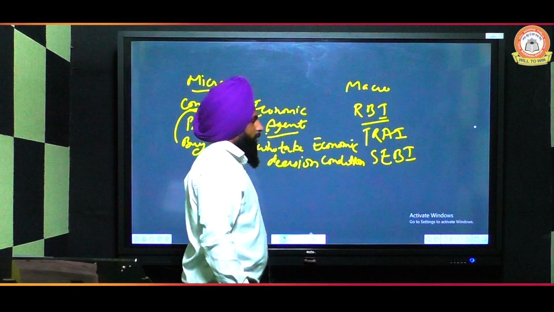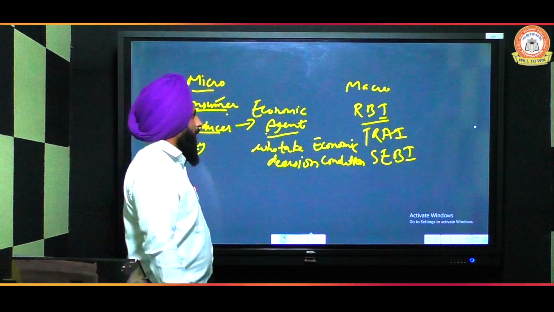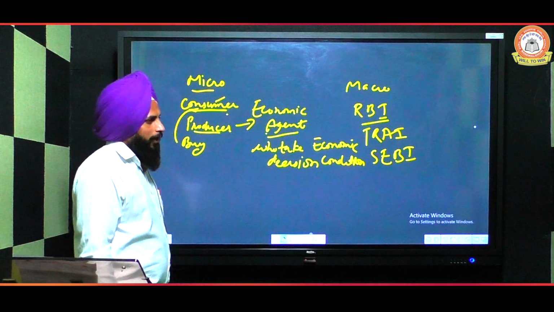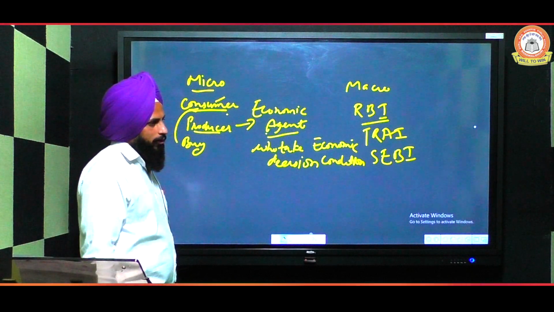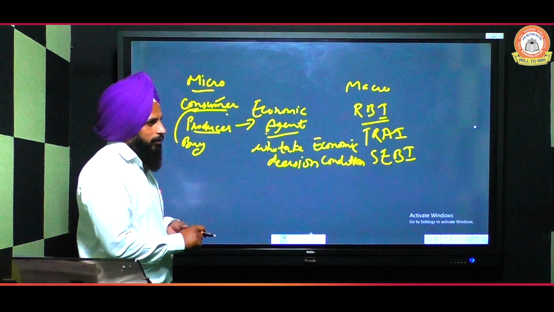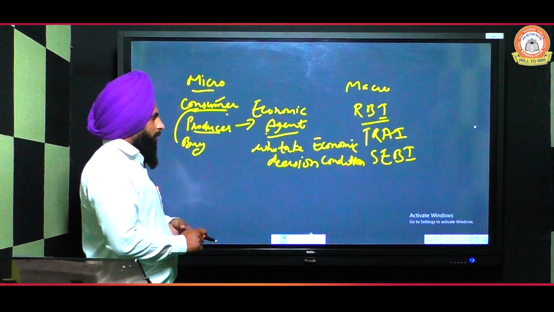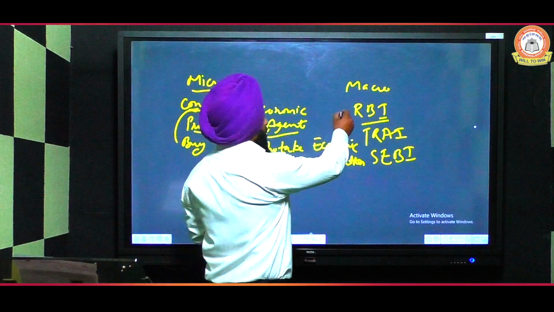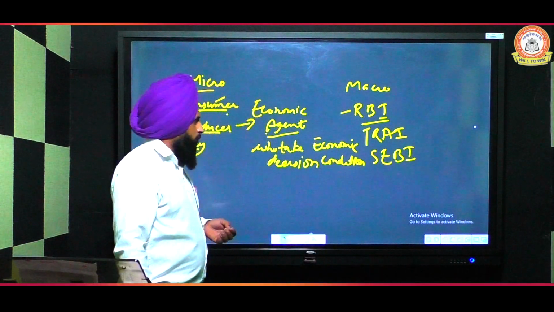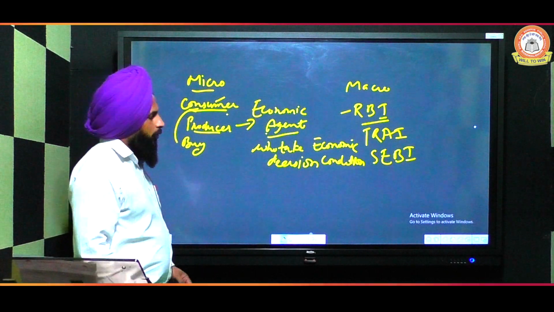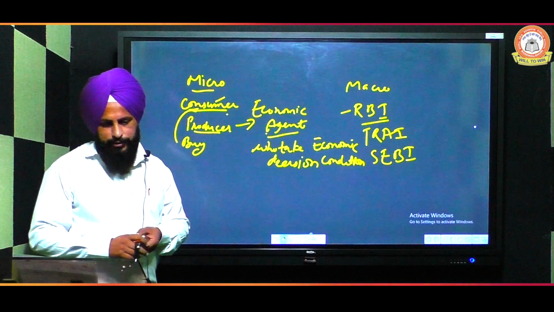RBI, called the Bank of Banks, is a macroeconomic agent because it controls the banking and monetary system of a country. All the banks need to follow the instructions given by the Reserve Bank of India. So macroeconomic agents are different from microeconomic agents.